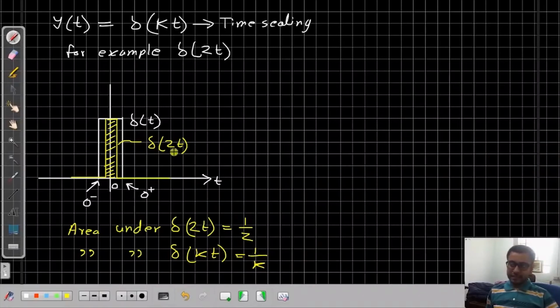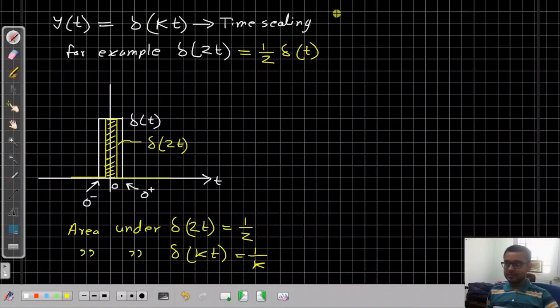So this signal is therefore again an impulse signal which is non-zero only near the origin and 0 everywhere else. But the area under this curve is finite. It is not equal to 1, but it is equal to half, or 1 over k. Therefore, I can write this is equal to half of delta t.